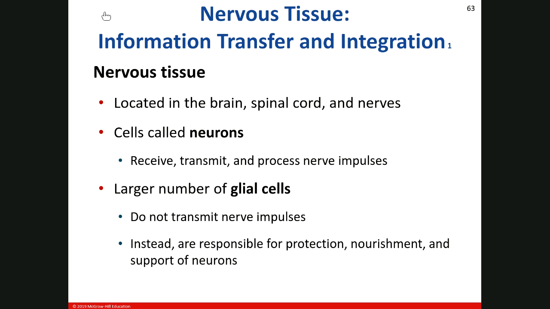Let's hit the last one. Nervous tissue. One of my favorites. So nervous tissue, there are only 3 places that it's going to be located: in your brain, in your spinal cord, and then throughout all the nerves of your body. Everybody here has probably heard of the sciatic nerve.